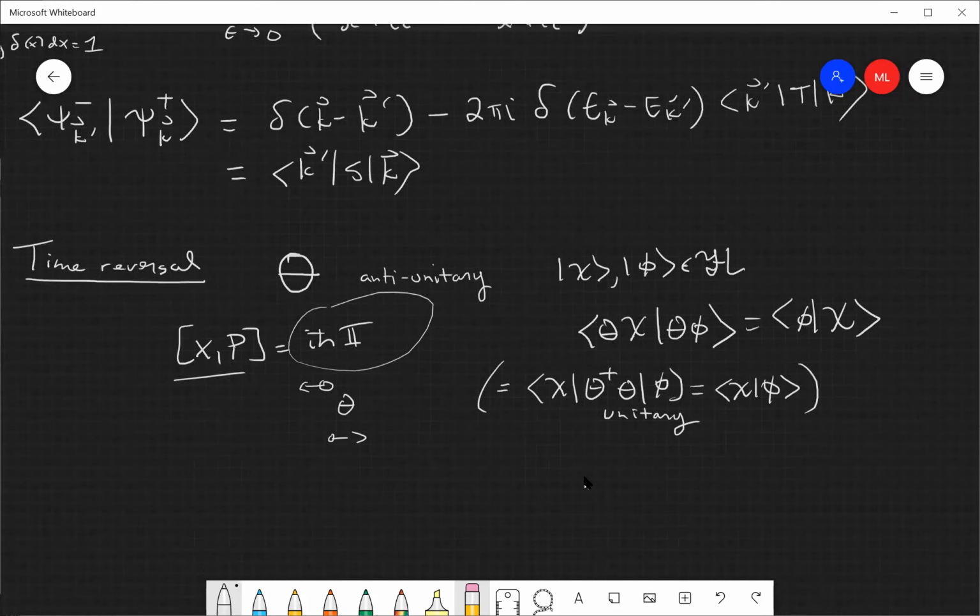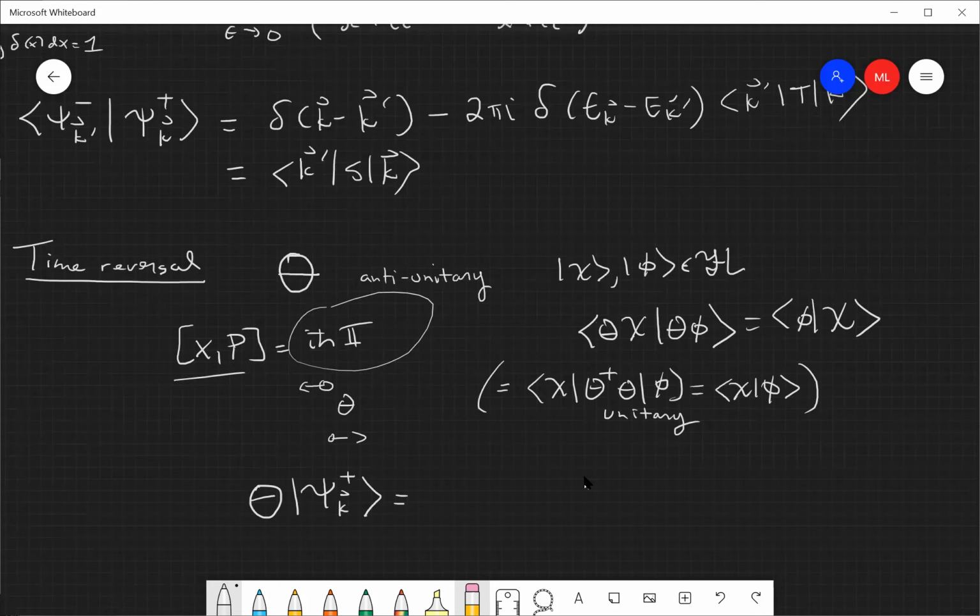The point for scattering is that if you take the time reversal operator and apply it to one of these scattering solutions, what should that do?